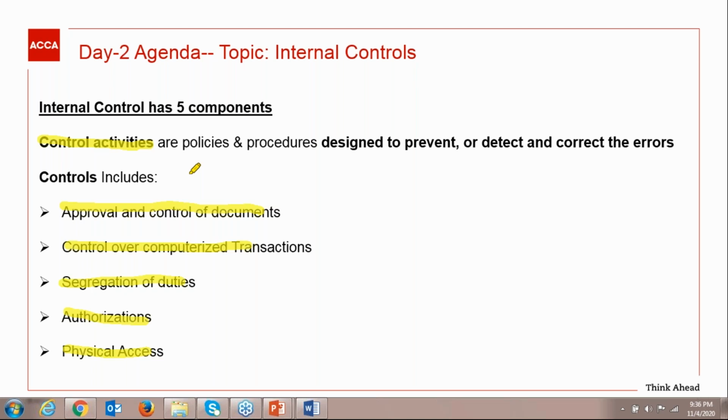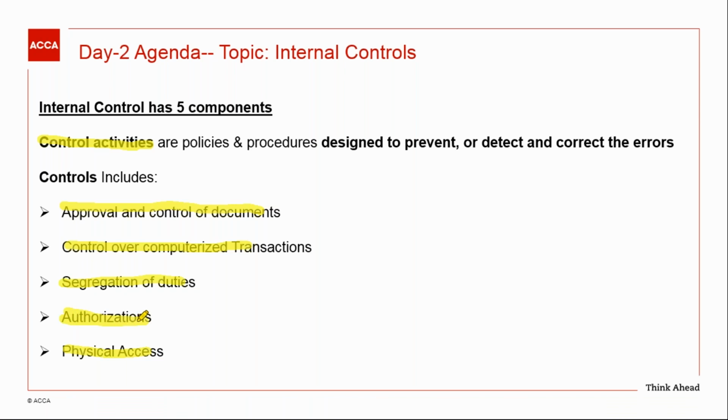And what is the internal control? Place the security guard at the gate. And control activity helps us in achieving that objective. But how? We use the word authorization.